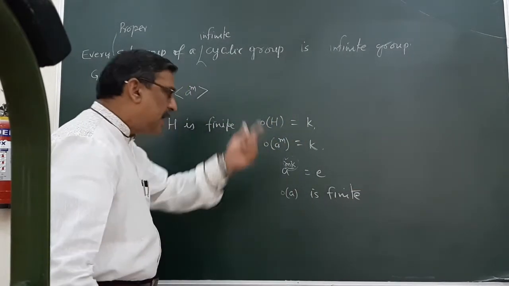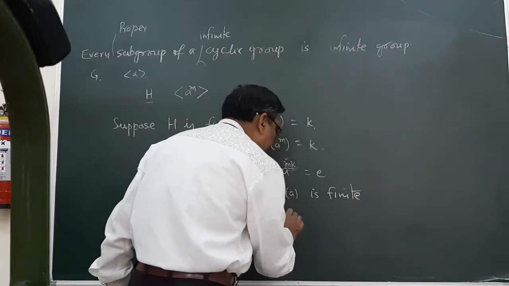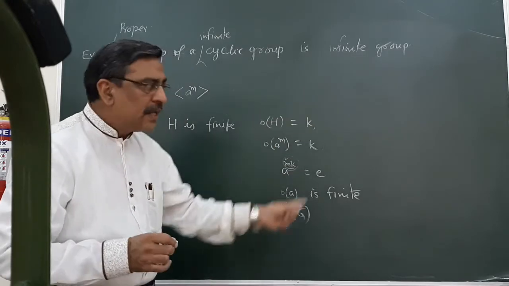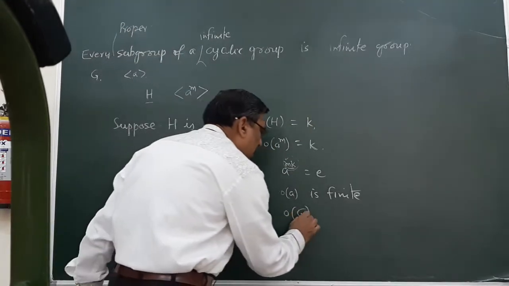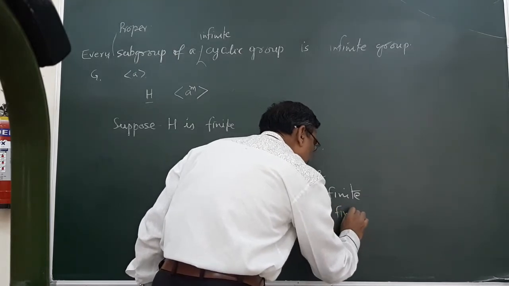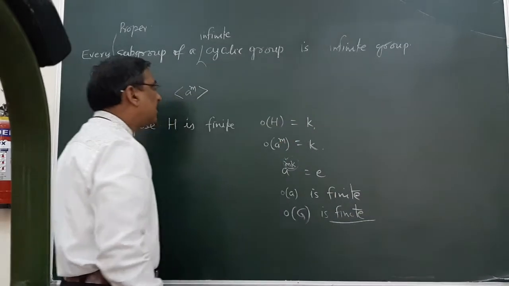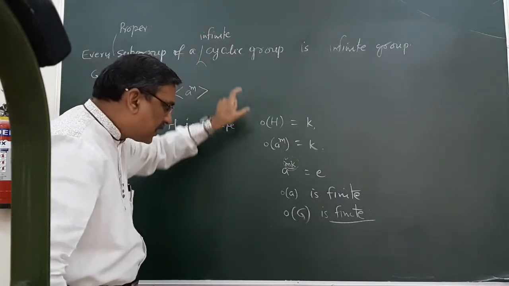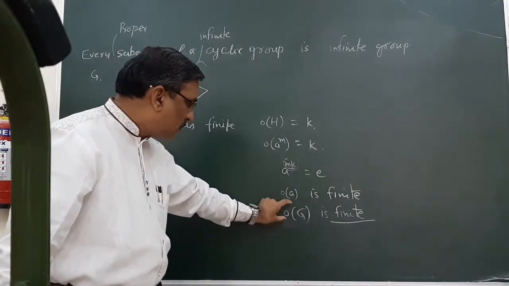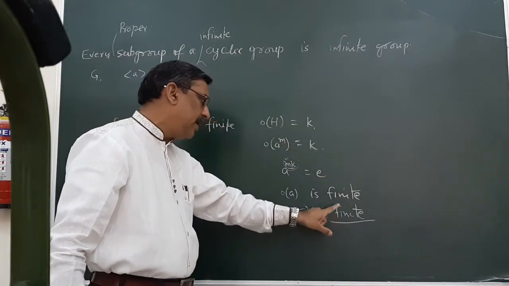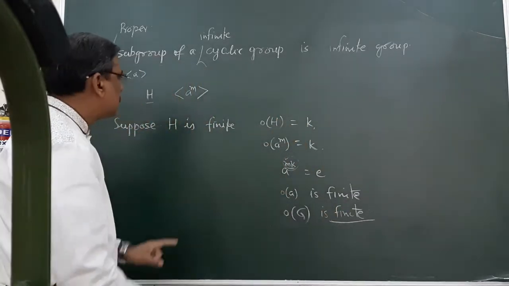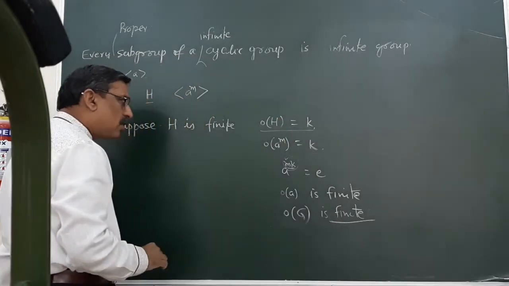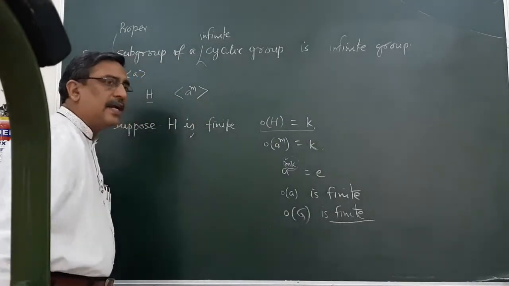And if the order of A is finite, this shows that if the order of any element of a group is finite, then the group is finite, so the order of G is finite, which is a contradiction to the given condition that this is an infinite cyclic group. G is an infinite cyclic group, so it will not be a finite group. Hence our supposition that the order of H is finite is wrong. Hence H is an infinite subgroup.